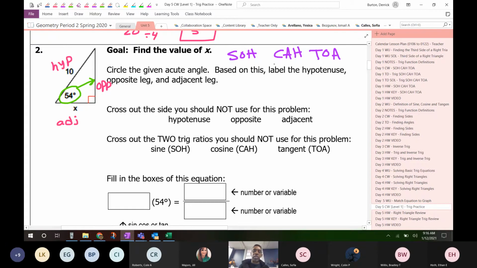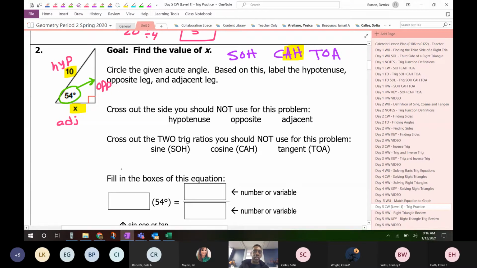The way we pick which one to use is we look at what sides we're dealing with. We have this side, we're looking for x, and we have the 10. Those are the two sides. That is adjacent and hypotenuse. That tells us that we're going to be using the cosine function.